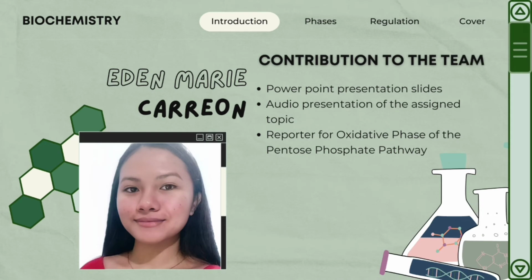So just for transparency, everyone, written here are the contributions of each member on today's presentation. First, Aiden Marie Carion contributed on the slides and the audio presentation, and she is assigned to discuss one of the 2 phases of the pentose phosphate pathway, the oxidative phase.